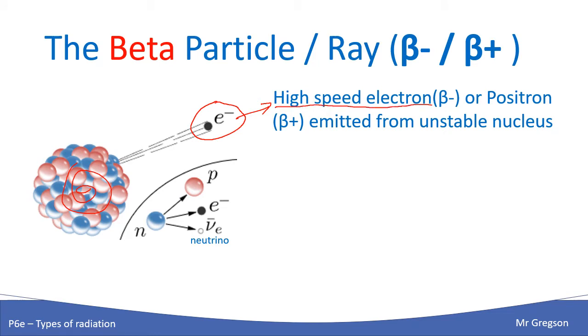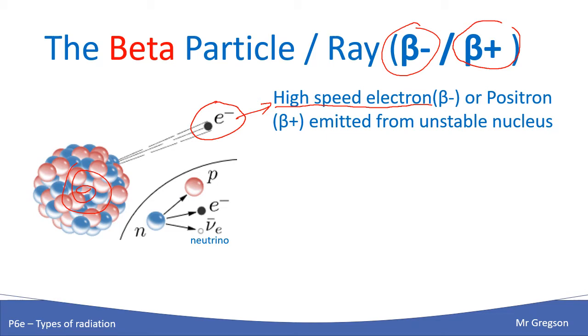Okay, so we're going to deal with the one you're used to at this stage, our B minus, which just means a beta particle with a negative charge, which electrons have, so it's just as you know electrons to this stage. However, we do also have a B plus. Now, a B plus is when we can actually have a positively charged electron.